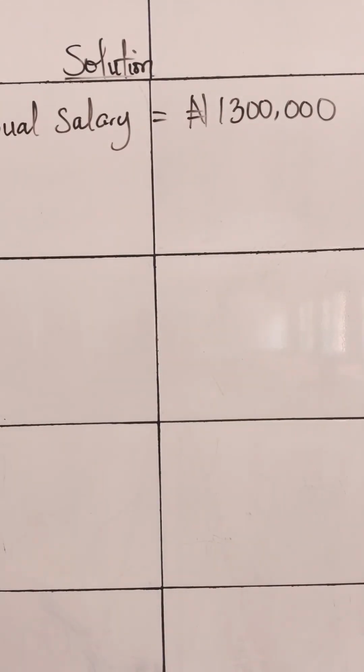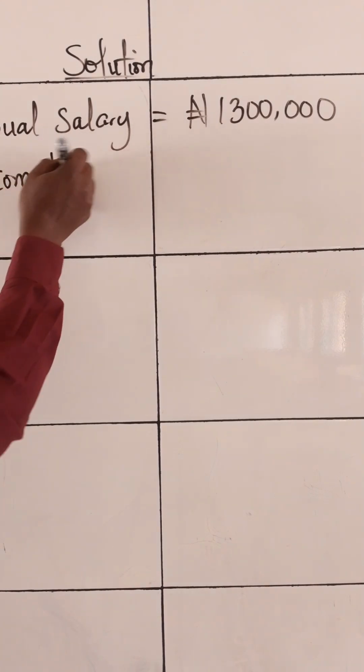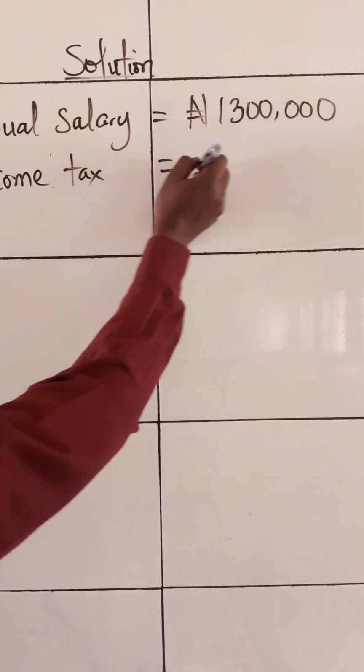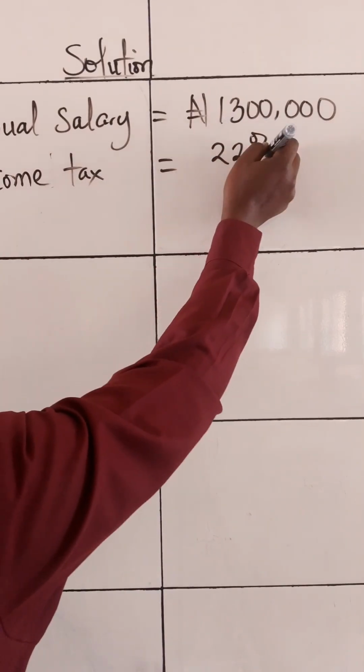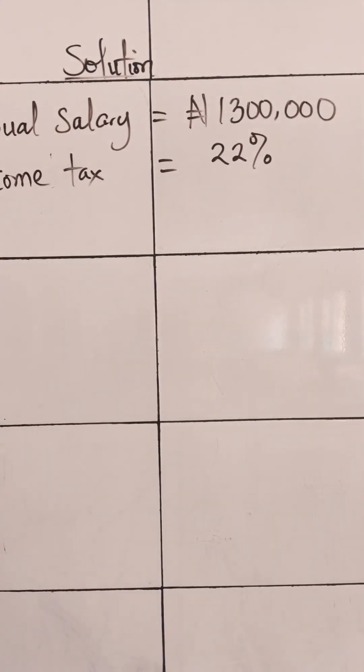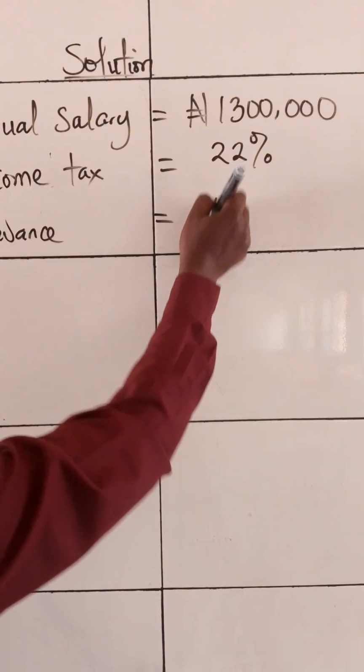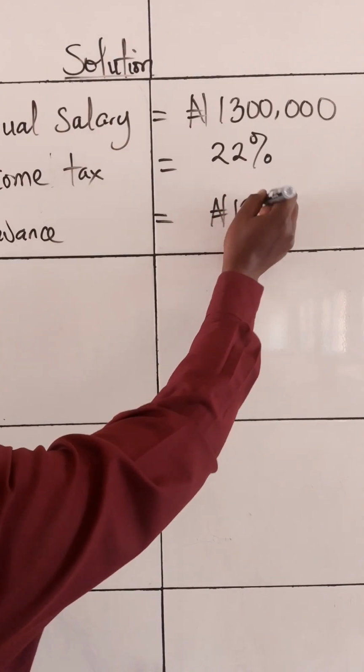And is to pay an income tax, so let's put it here, income tax equals to 22%. Right? So if its allowance amounts to 137,000, so allowance equals to 137,000 naira.